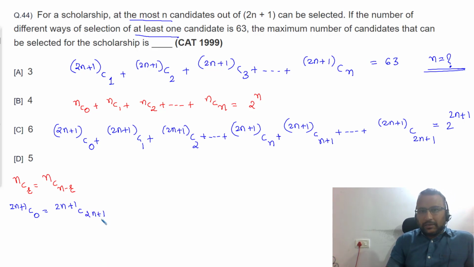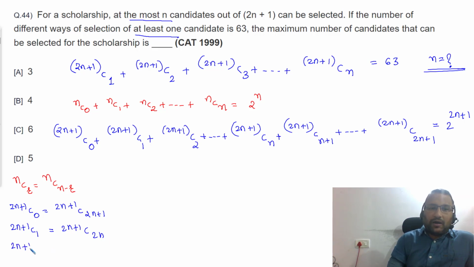Similarly, the value of 2n plus 1 C1 is equal to 2n plus 1 C2n. Similarly, the value of 2n plus 1 Cn is equal to the value of 2n plus 1 C(2n plus 1 minus n), that is n plus 1.